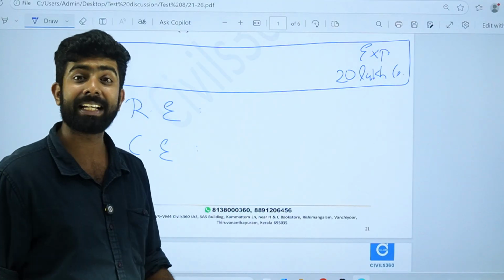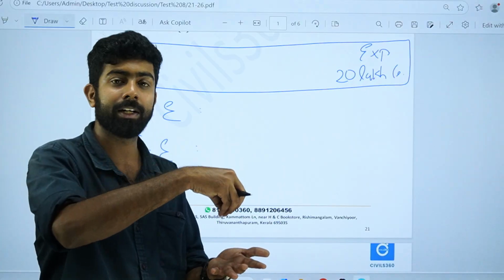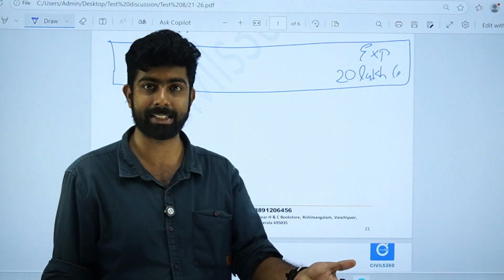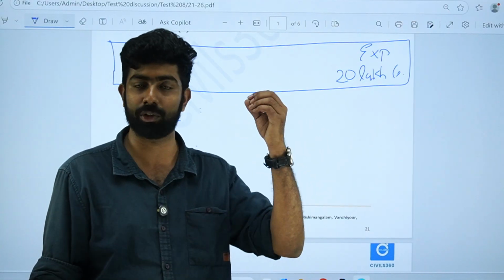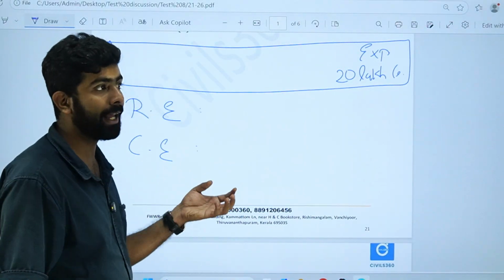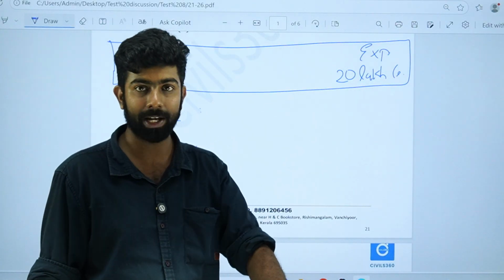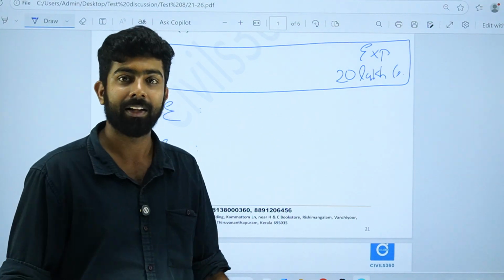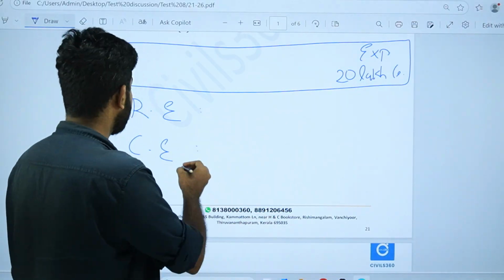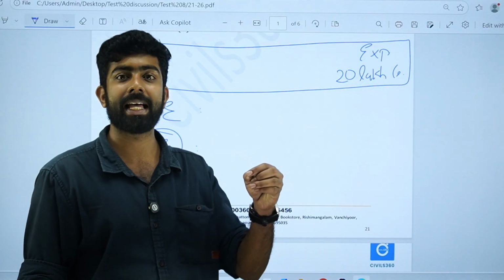Then you have capital expenditure. Capital expenditure includes construction of infrastructure like roads and railways, buying machinery, buying land. Or the government may give loans to a state government or to somebody else.